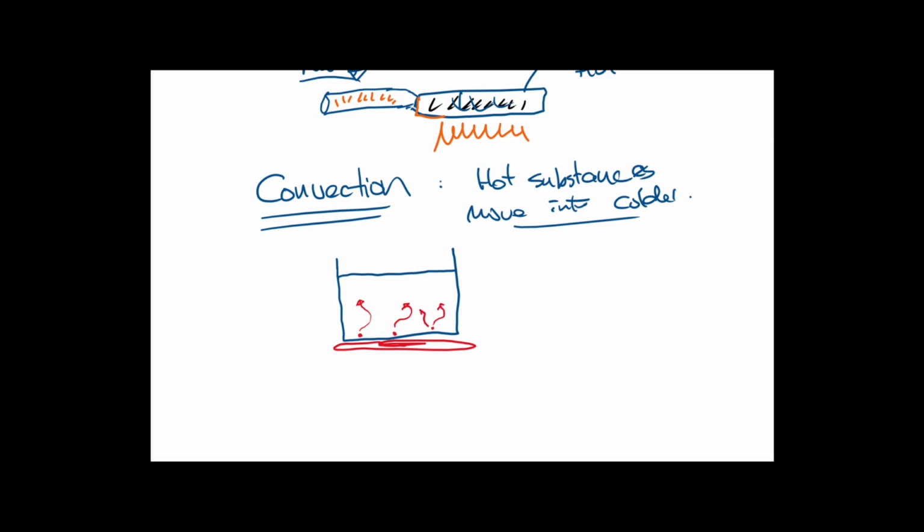So heat generally tends to rise, and we're going to see currents of hot water moving. And if you have a look at it, you can see these hot eddies moving through a liquid, and it's convection.